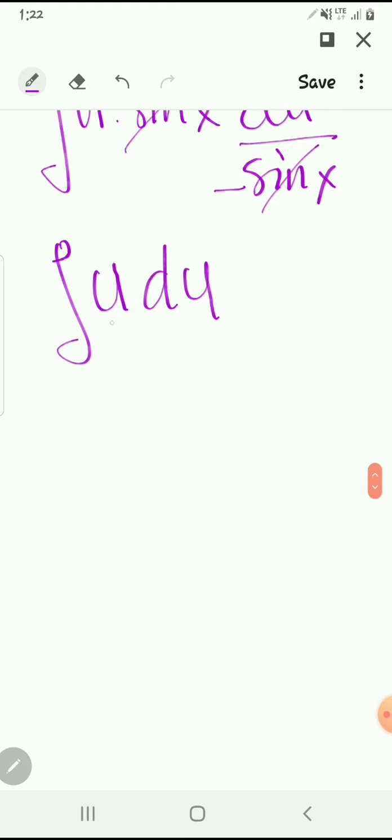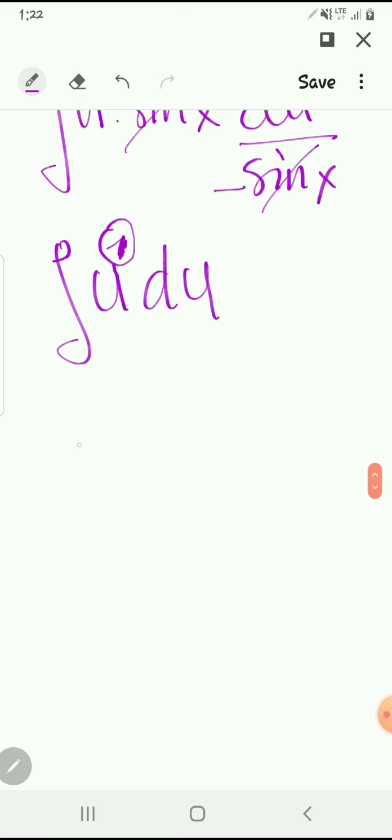So here, let's evaluate the antiderivative of u. If we have something raised to the power of 1, it can just be written as a simple u. That's why I just put u, but you have to remember this is u to the 1.